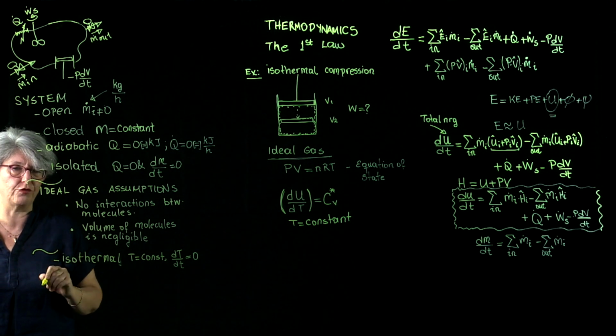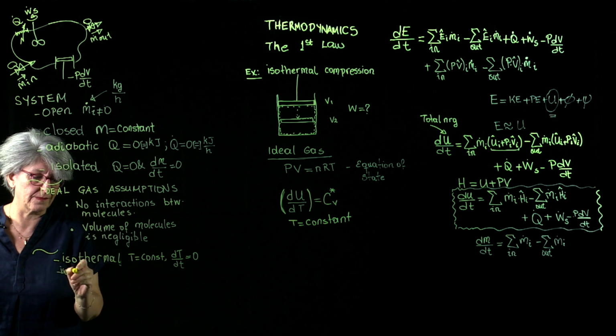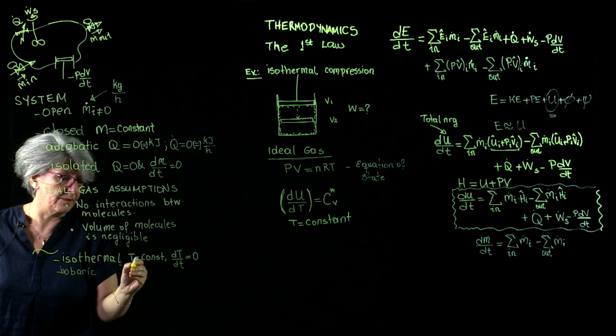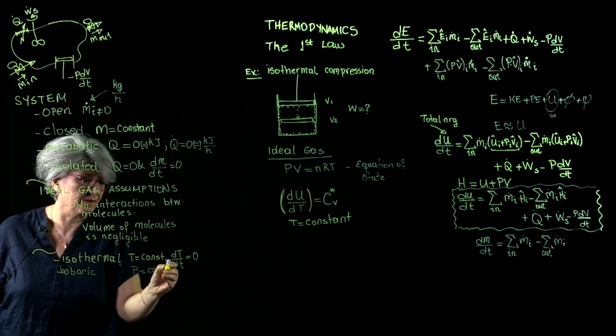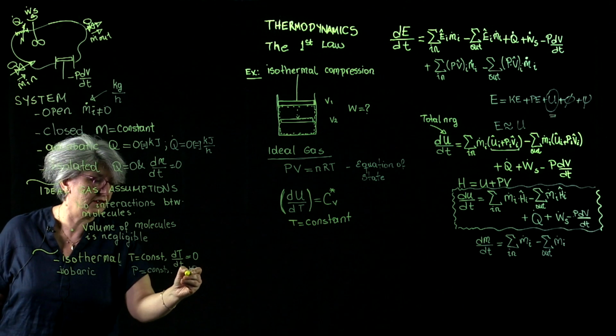I will add a few more isos. Isobaric, P is constant. In other words, dP over dt is 0.